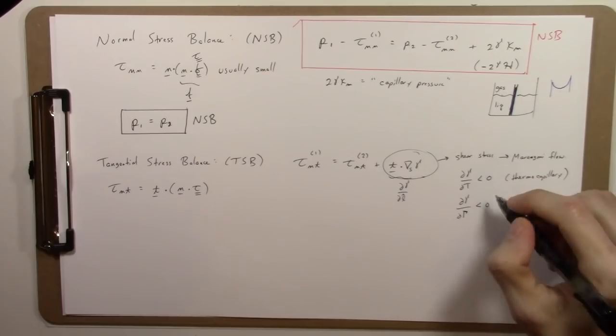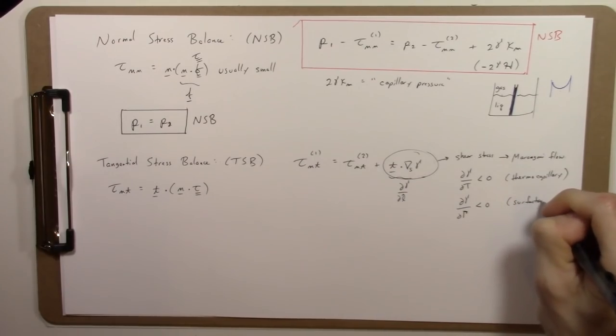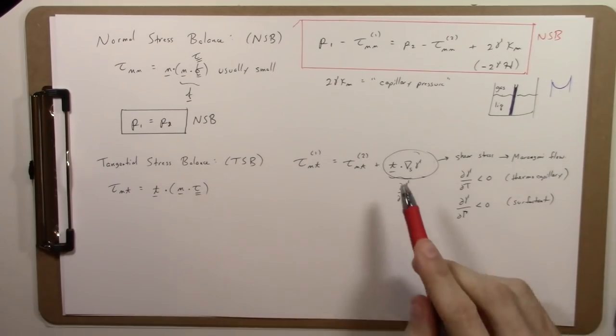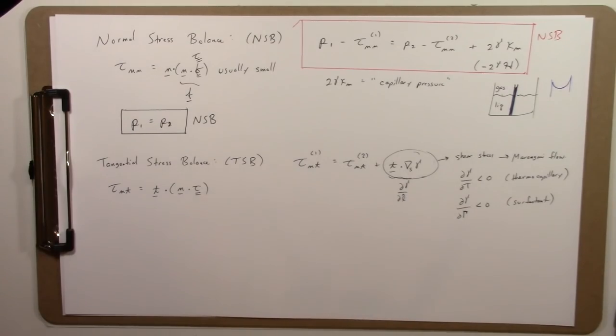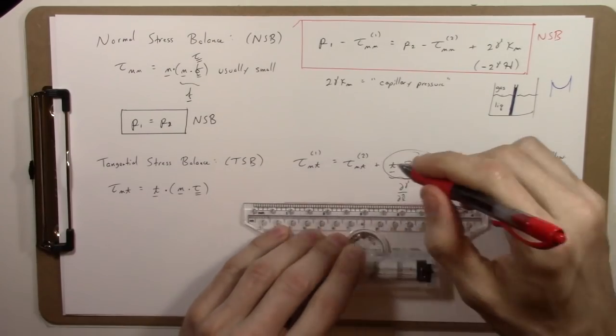It's also less than 0, and that's a surfactant effect. Now usually surfactant effects are much larger in magnitude than temperature effects on the interfacial tension. Now once again, in almost all cases in this course, we can neglect the contribution from the variation in surface tension along the interface. In most problems that will be small or actually 0.